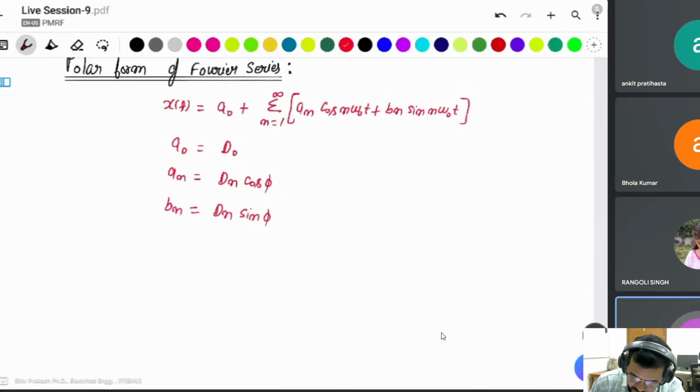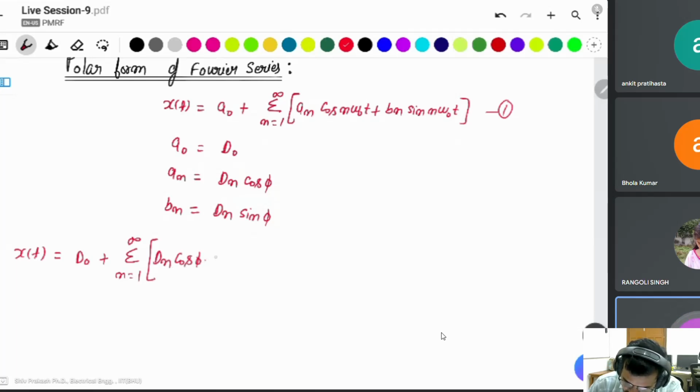If you put all the values in equation number one, then we will get d naught plus summation of n equal to 1 to infinity, and in place of an we write dn cos phi into cos of n omega naught t, and in place of bn we replace dn sin phi and sin of n omega naught t.